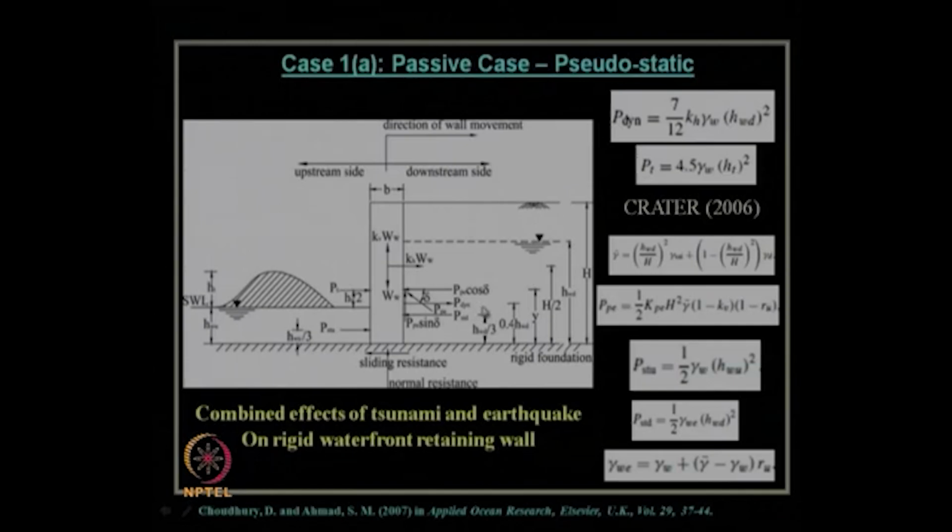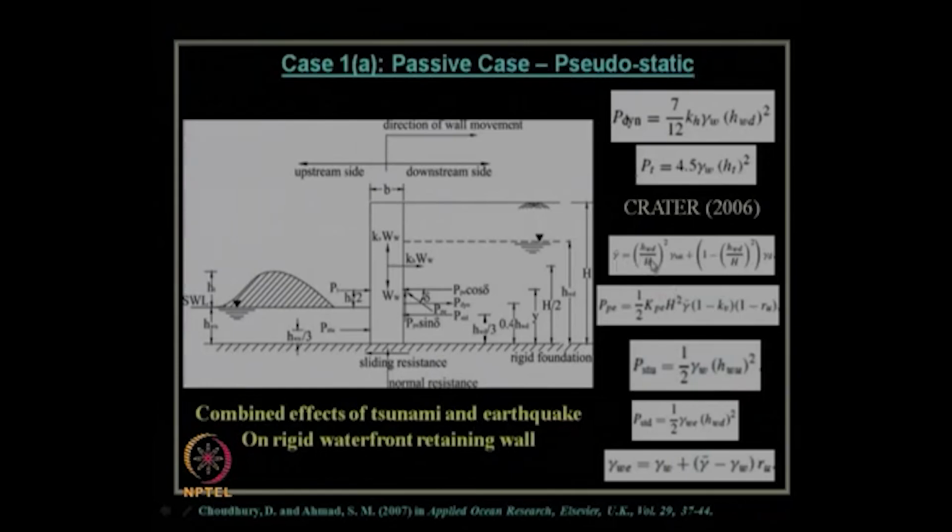Because now it is no longer a dry soil. You need to consider the effective soil unit weight because of this dry zone as well as this saturated zone. Clear? And Kv is the vertical coefficient of seismic acceleration, and Ru is the pore pressure ratio.